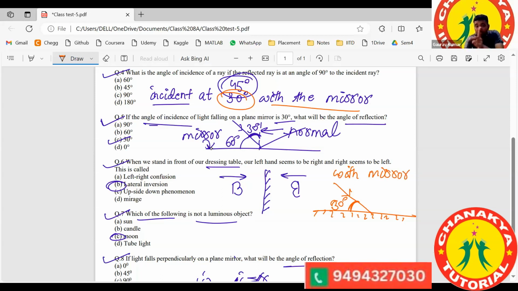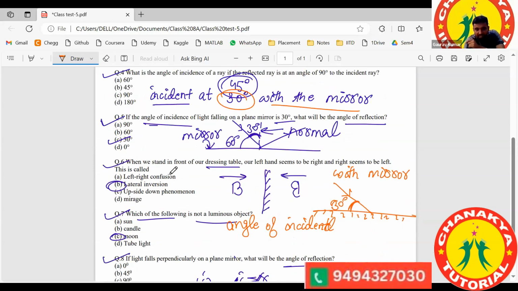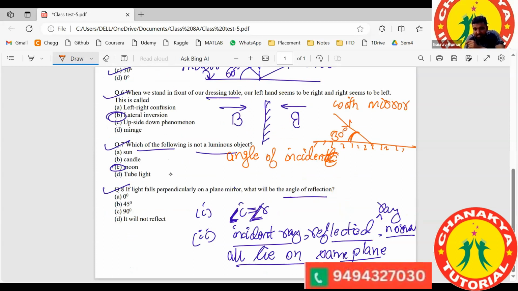Whereas the angle of incidence, what was the definition?